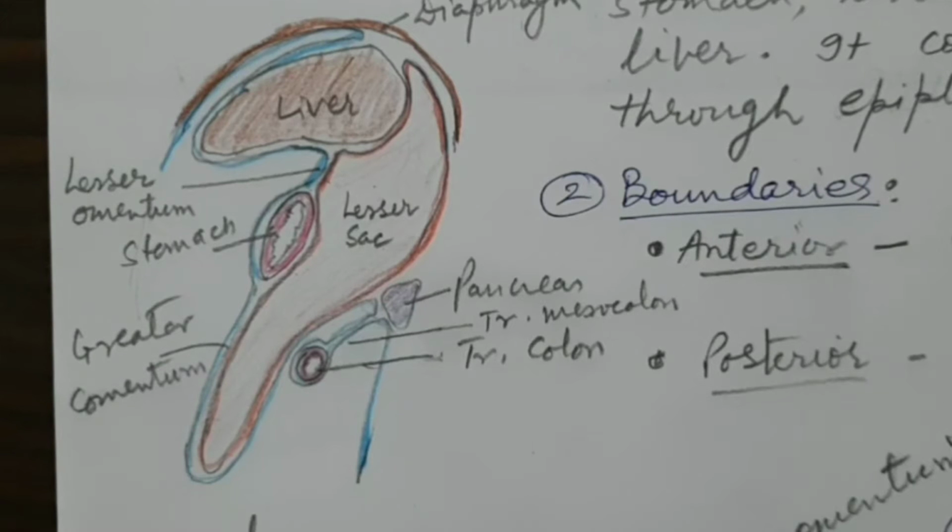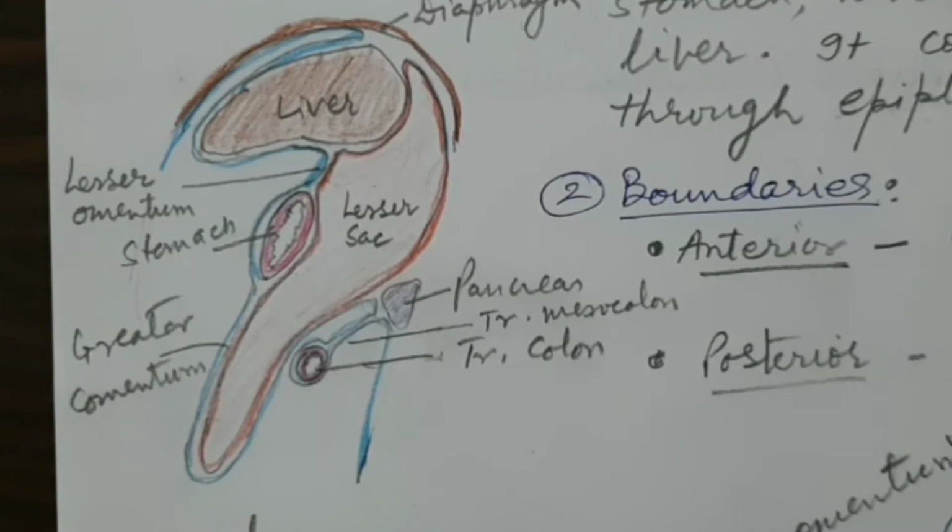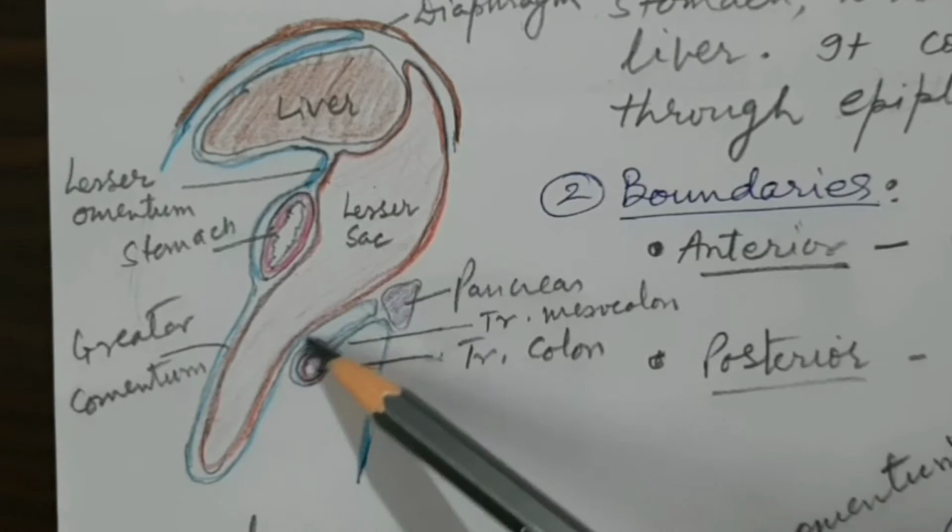Now let us come to the posterior boundary. So the posterior layer of the greater omentum: these two folds of the peritoneum will turn on itself and will form the posterior layer of the greater omentum. Then this will cover the transverse colon.